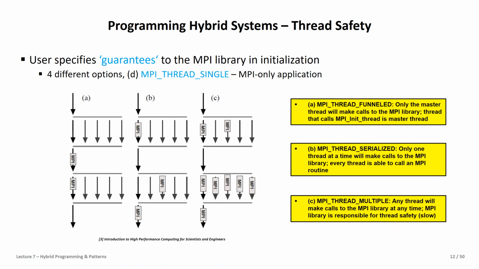It's alluding to something we call thread safety. So you guarantee this to the MPI library in its initialization, and you have options to do so. D, which you saw before, is probably the best understood, because that means MPI only, right? As soon as you start integrating shared memory, the question is on which level you do MPI.